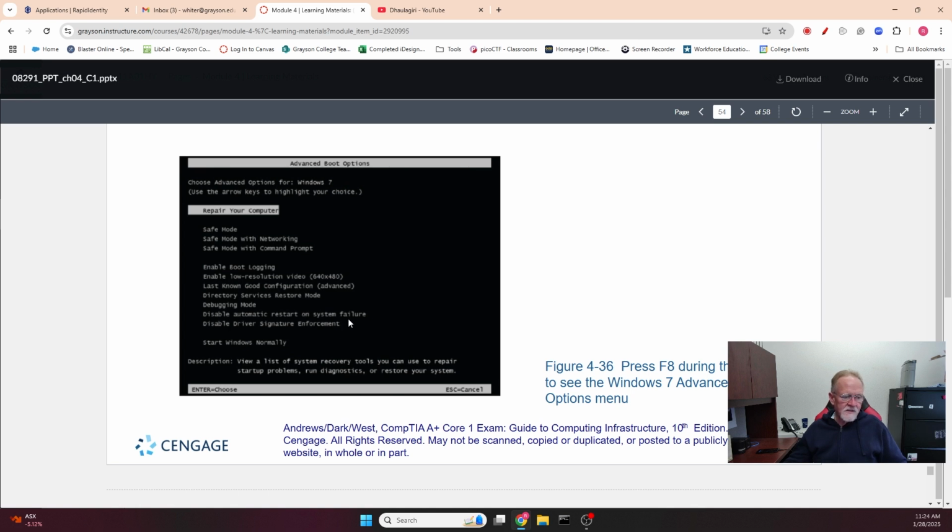Disable automatic restart. That's probably a good plan because sometimes you need to reboot from a cold boot instead of having the system automatically try to reboot every time it fails. And then disable driver signature enforcement. That's never a good idea. Don't do that. There's no point. You're not going to have unsigned drivers unless you're doing something really outlandish with this computer.